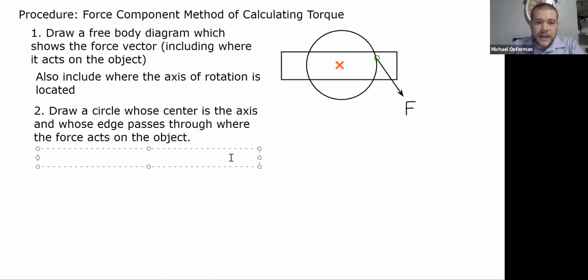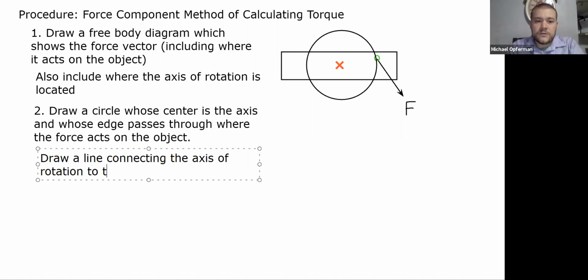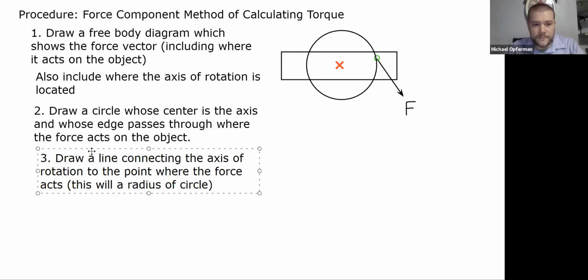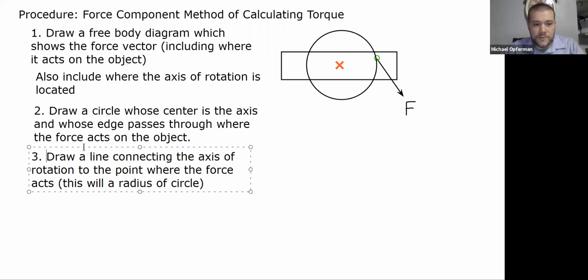Now, third step: draw a line connecting the axis of rotation to the point where the force acts, and this will be a radius of the circle that you just drew. This is step three. So by this I mean we draw a line here from the X to where the force acts.